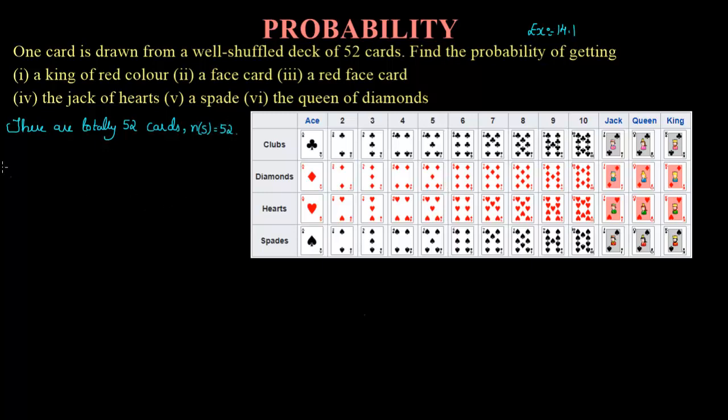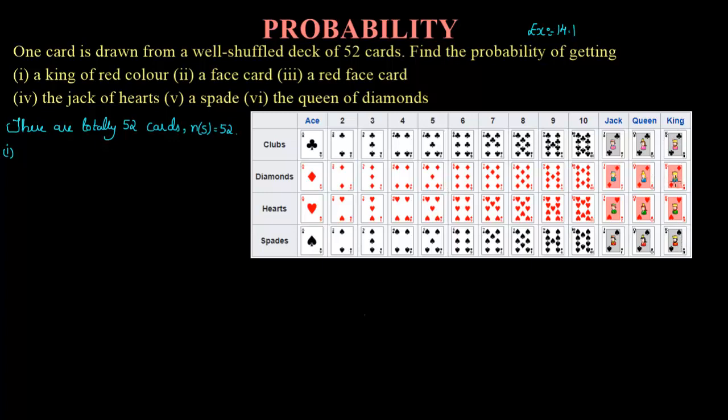Now part 1 of this question, they are asking you to find the probability of getting a card which is a king of red color. So here is the king, and among the kings it should be only red color. You cannot consider this and this king.